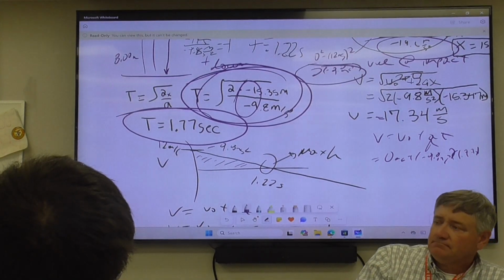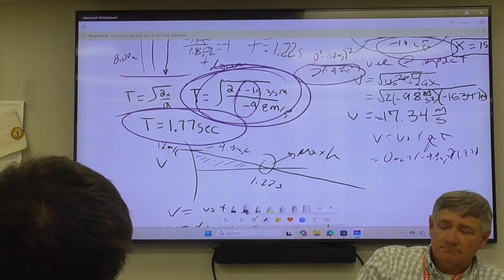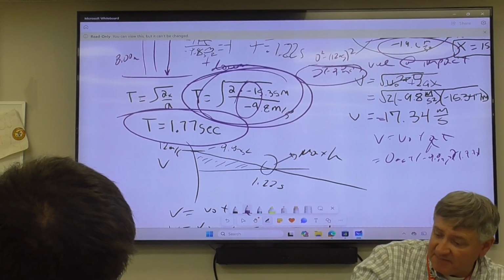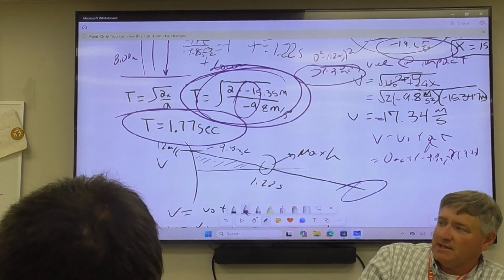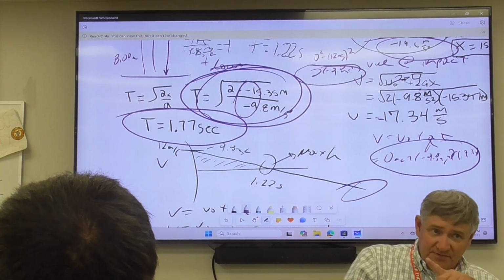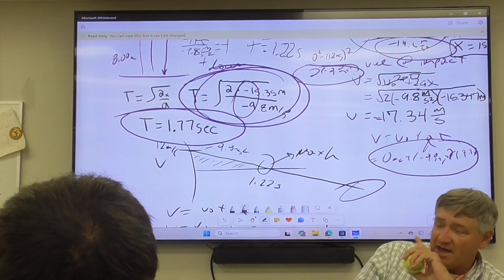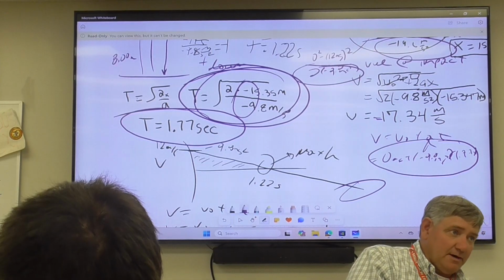Okay? Mathematically, do I just need to know it should be negative? Because your velocity, if nothing else, look at your velocity time graph. You know it has to end up being a negative value. So the beauty of this one, if you use v equals v naught plus at, that automatically generates the negative velocity. And then you don't have to think about it.